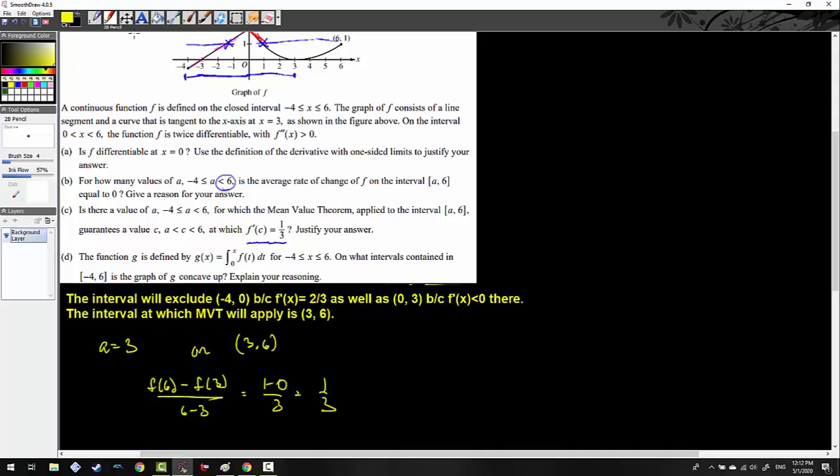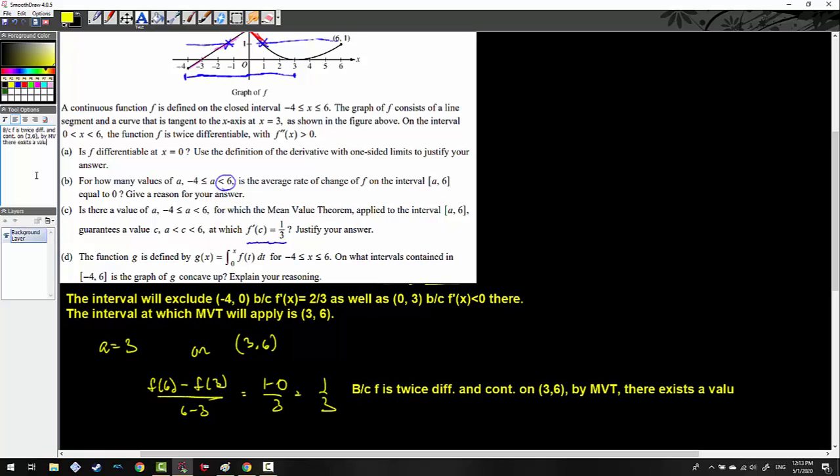So we can say, because f is twice differentiable and continuous on 3 to 6, by MVT there exists a value C on 3 to 6 where f prime of C equals 1/3. So that MVT question was all about learning how to exclude the values that you don't need and then finding the MVT value on the interval that you did need.